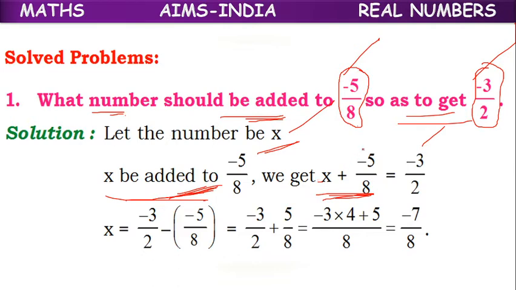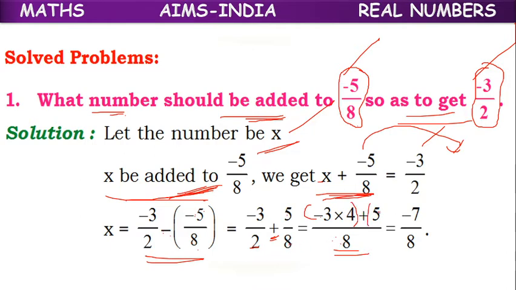If you want to find x, this -5/8 will go to that side. It will become minus of -5/8. Minus into minus is plus, so 5/8. What is the LCM? 8. So 8 4 times 8, 4 into -3, so -3 into 4, like that we have written. 8 1 is 8, 1 into 5.